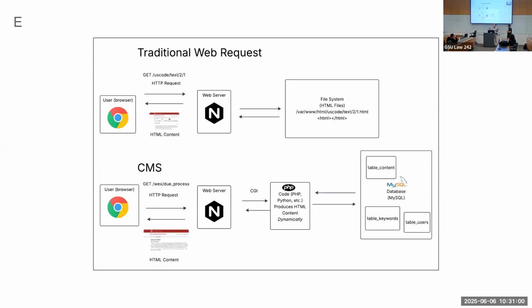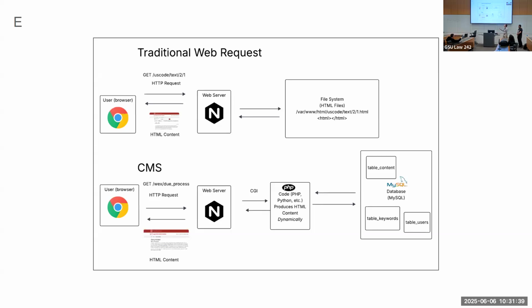So I thought I would take just a few minutes to get a little level set about what we're talking about, what a CMS is. Please forgive me if this is review, which it probably is for you all. In the traditional, simple web request, a user sitting at their browser requests a web page from a website. The web server operating that website looks and sees if there's a file on the file system matching that request and spits it back out over the wire to the client.